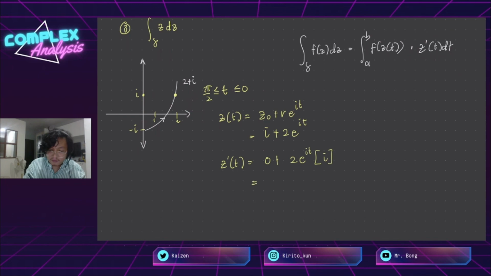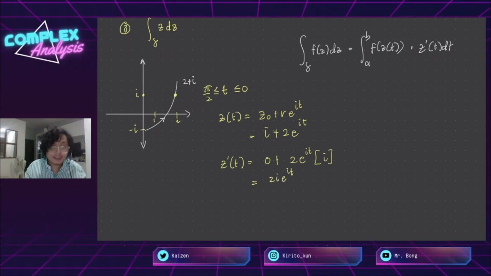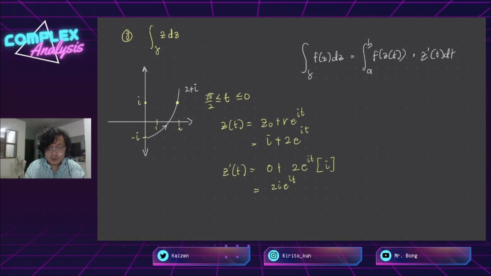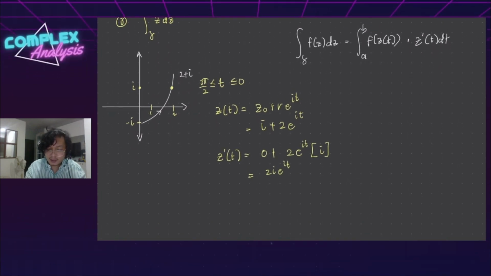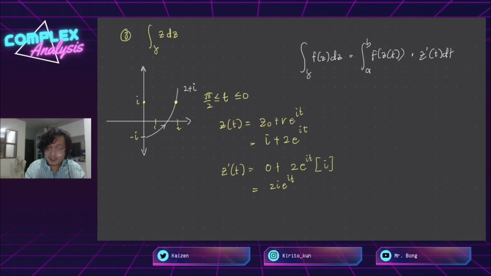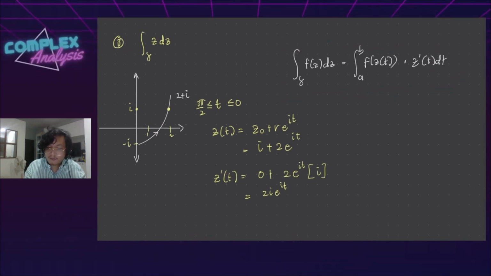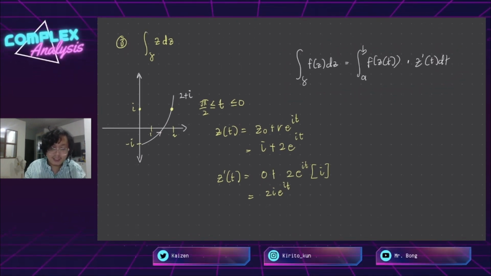Okay, so therefore our derivative of z of t is equal to 2i e to the power of i t. So by substituting these values, z of t and z prime of t, in our formula, we can solve this integral of z dz under the curve gamma.